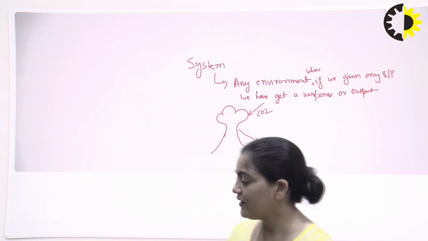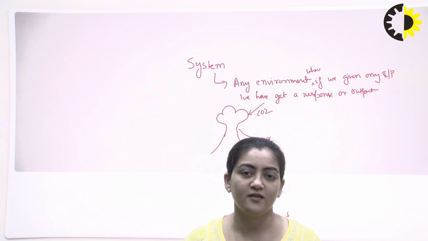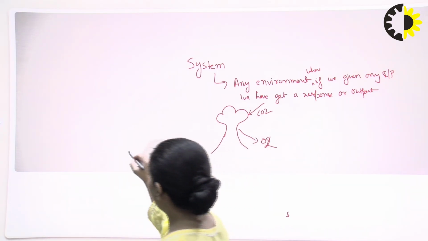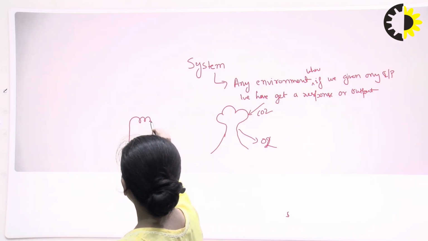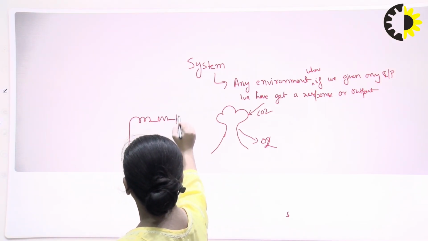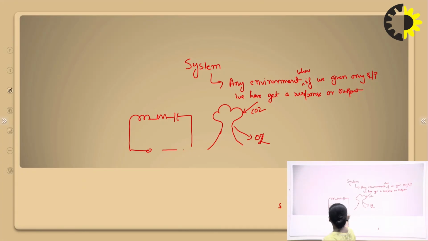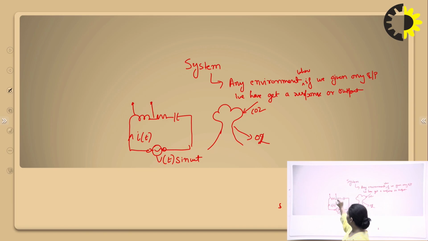Now, if we move from the physical environment to the electrical environment, suppose we have an RLC circuit. This is V, and we get a current, and through each component we get a particular voltage.